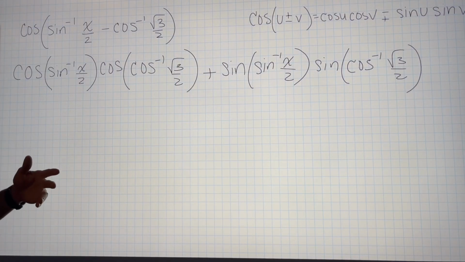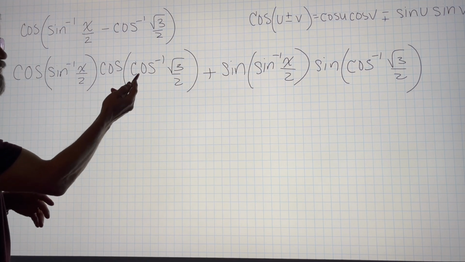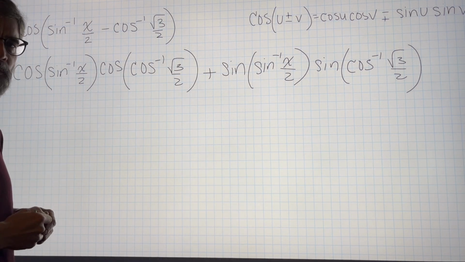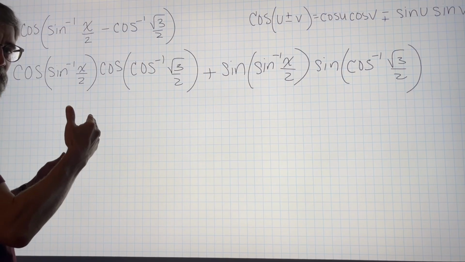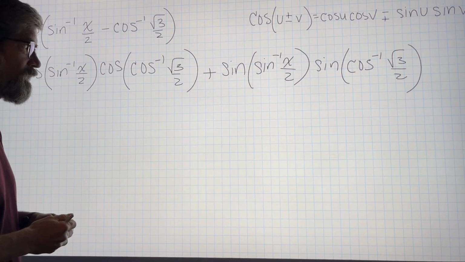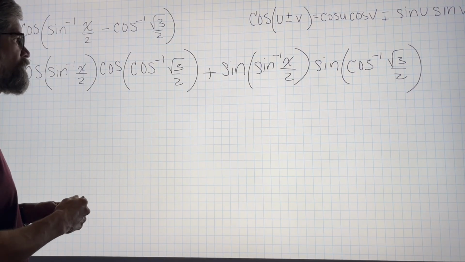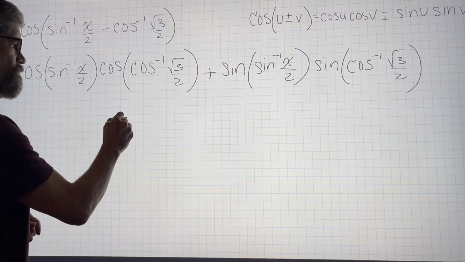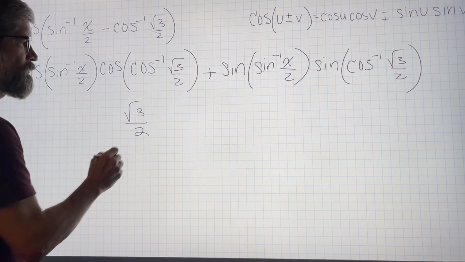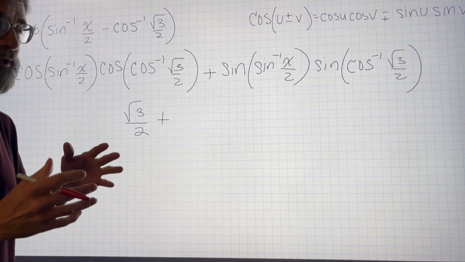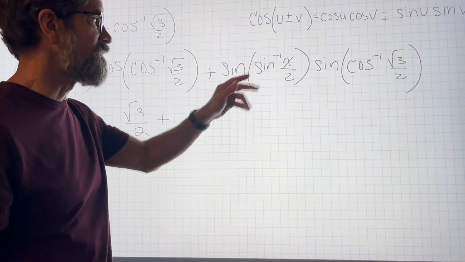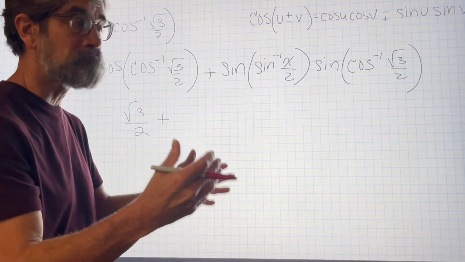Some easy ones: the cosine of the inverse cosine of rad 3 over 2 is just cosine undoing an inverse cosine. So that's going to be rad 3 over 2. Similarly, the sine of the inverse sine of x over 2 is x over 2.